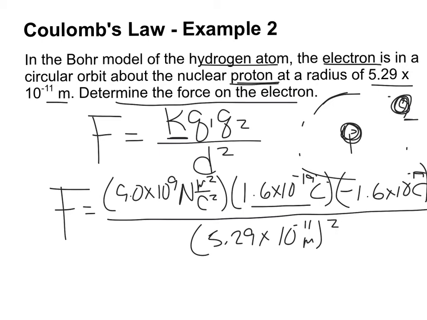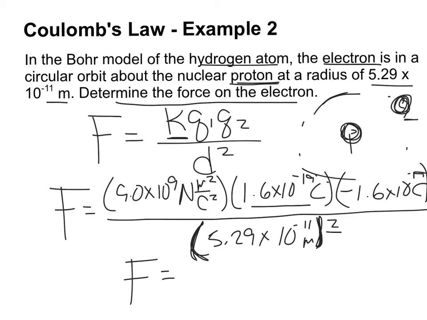All right, so see what you get when you go ahead and do this calculation. Plug it into your calculator. Don't forget to put parentheses here in the denominator, and also to square what you have in the denominator.